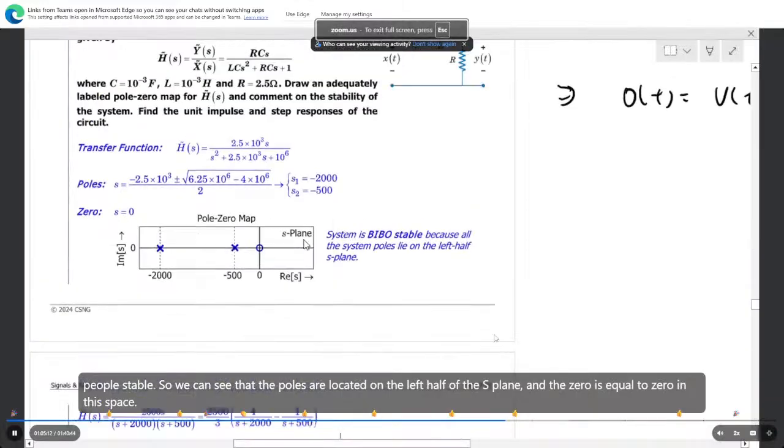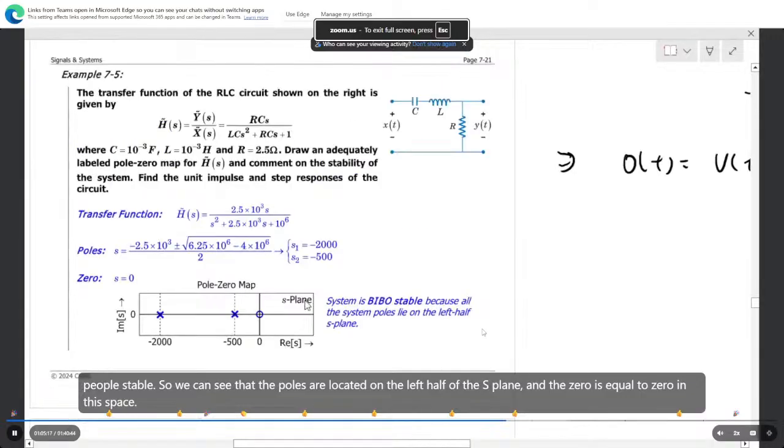So we can see that the poles are located on the left half of the s-plane, and the zero is equal to 0 in this case.